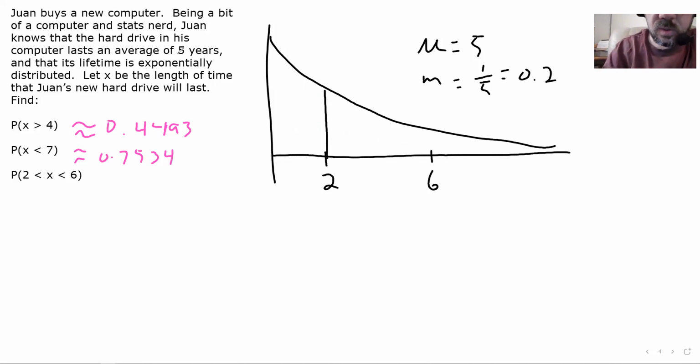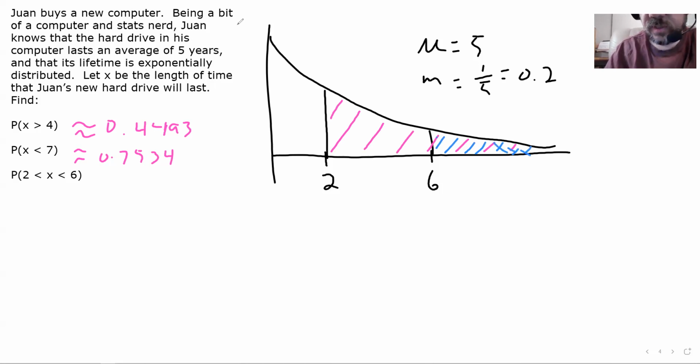So here I'm going to go both right because the formula is slightly simpler. So what I'm going to do is shade in everything to the right of 2. Right, so that's the area to the right of 2. And then I'm going to subtract off the area to the right of 6. We're going to chop this out here.